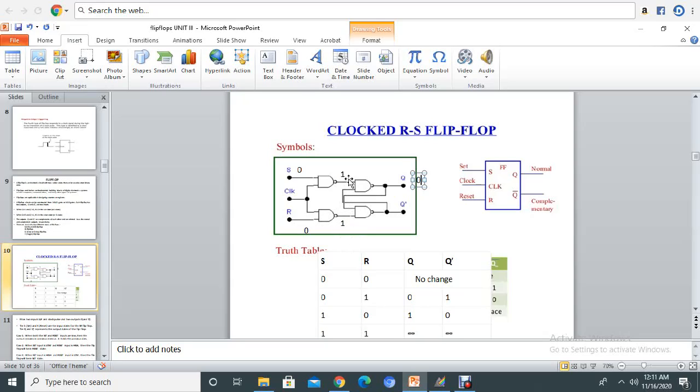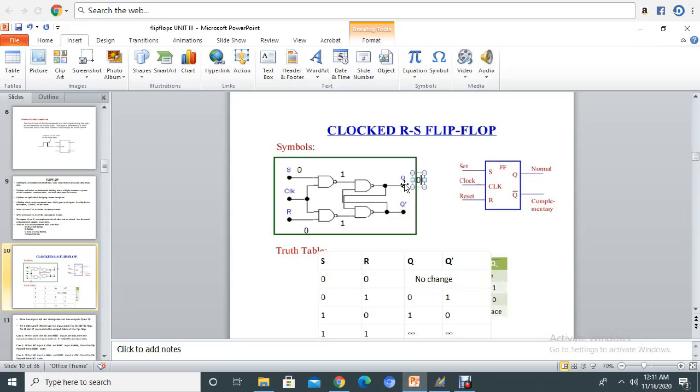Now we have 1 at the first input. In this we have 1 at the second input. But we don't know the second input of this NAND gate. Similarly, we don't know the first input of this NAND gate.